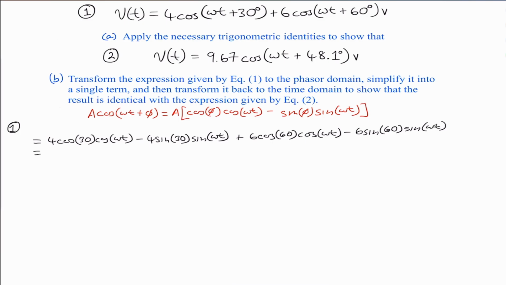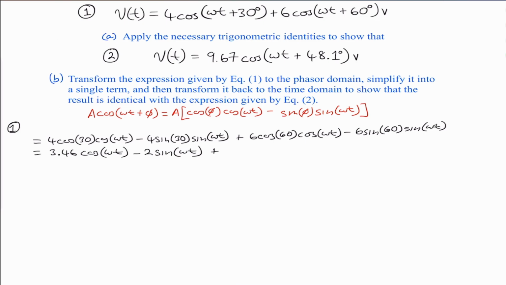So our expression, the cosine terms, we can simplify into coefficients. Our first coefficient is 4 times cosine of 30, which is equal to 3.46 times cosine omega t, minus 4 times sine of 30, that's 2 sine omega t.